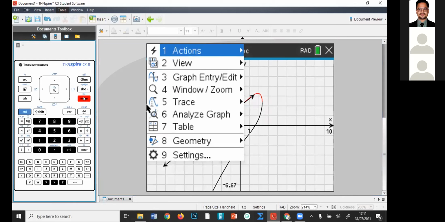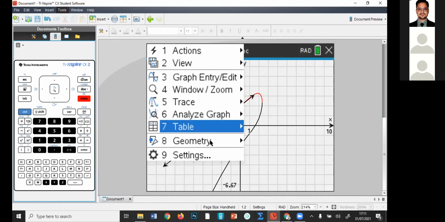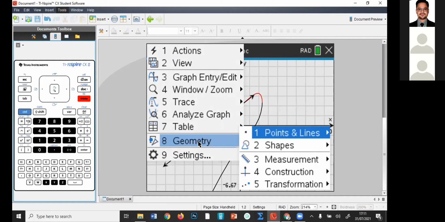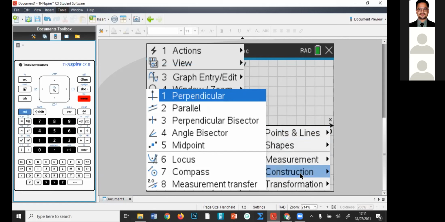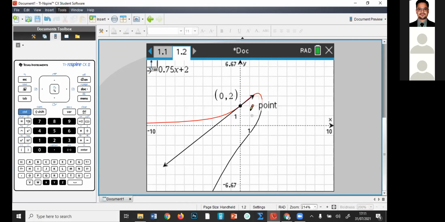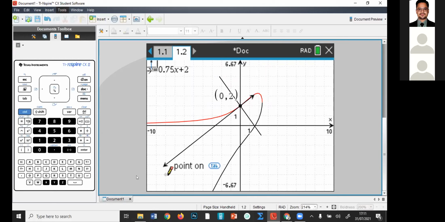So again, let's check if we can draw a line which is perpendicular to this. Points and lines, line segment, point, no, we cannot. But if you go to construction, you have perpendicular lines. So at this point, we can draw a perpendicular line. This is our perpendicular line here, right? So this is the normal.